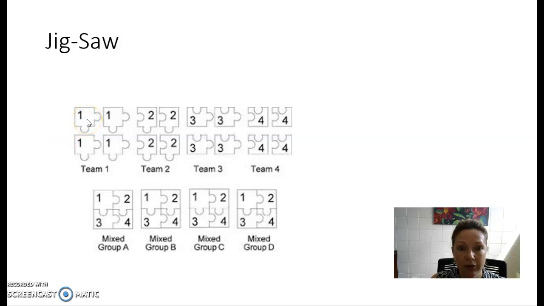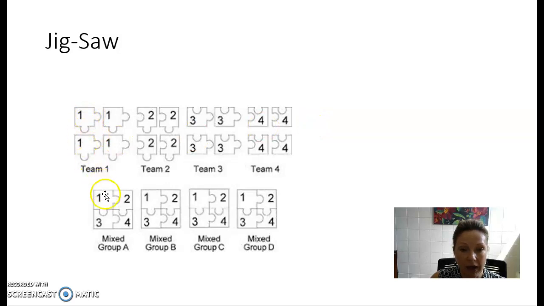So if you look, you can see that these look like jigsaw puzzle pieces, and that's where the strategy gets its name, Jigsaw. We start in what I call home groups, and so we have different teams or different groups. We have 4 represented here, and each small group has 4 people represented in that group.